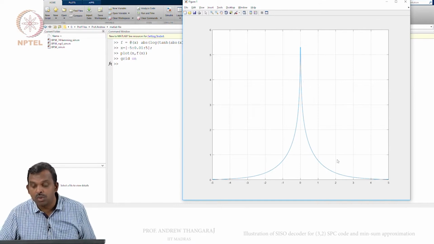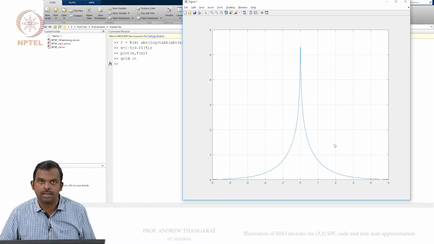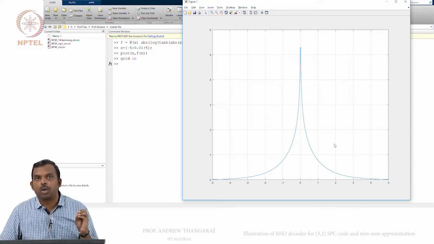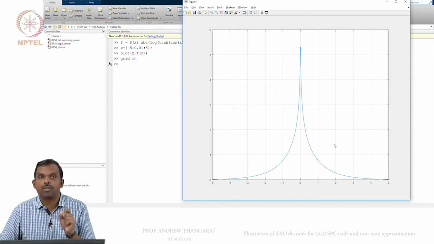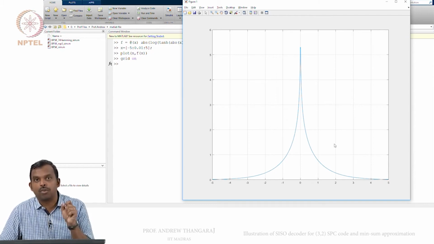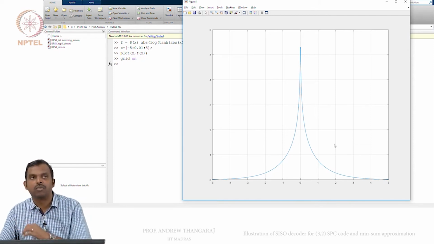So this gives you an idea for how to approximate f, in case you want to do a simple calculation; it's a nonlinear function. One simple thing to do is to give importance to the dominant values based on the argument. If x is very small, then f of x is very large. If x is slightly larger, then f of x becomes very small.